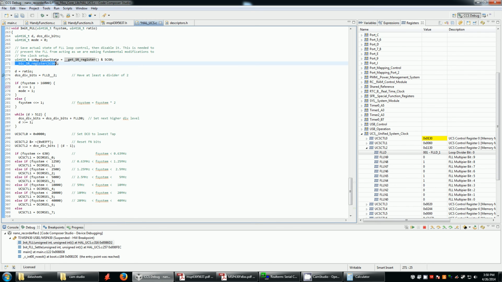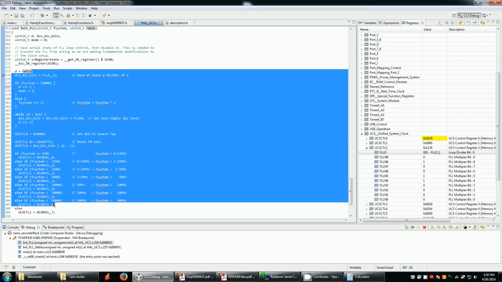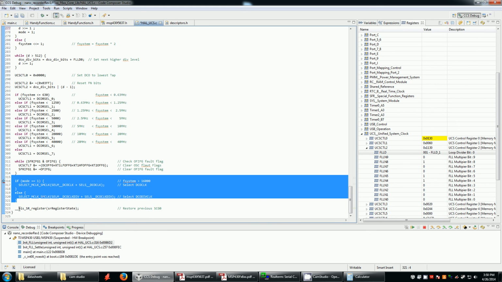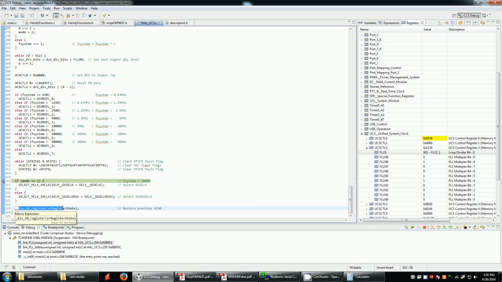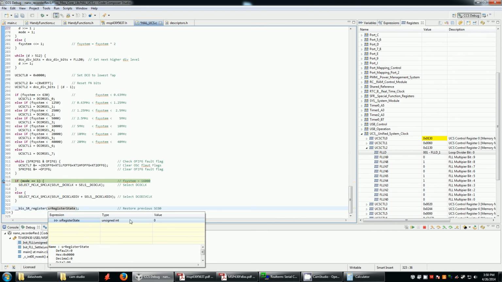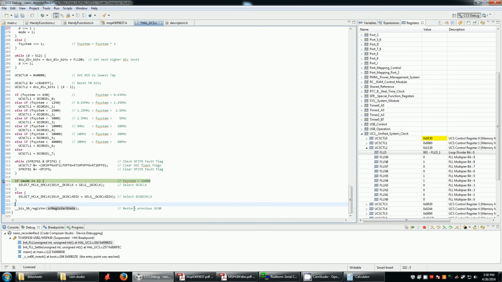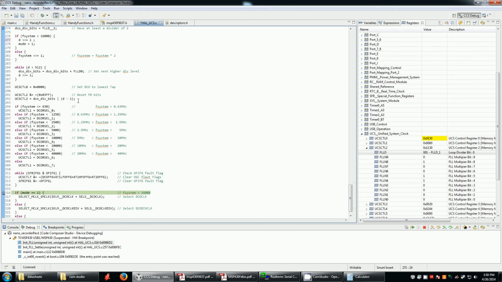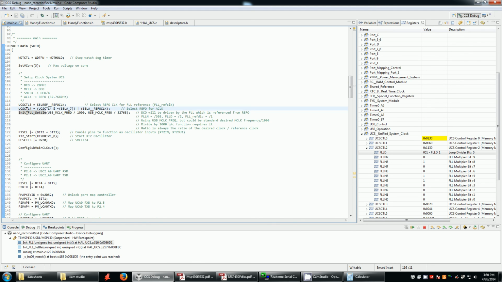It clears that bit, which shuts it down, so we can then configure the FLL and the DCO, and all that's configuration. When we're done, we restore the value of that bit. This variable just holds 1 bit. And so we restore the value of this SCG0 bit once we're done to return back to the state the system was at before we went and configured it. And so that's pretty much it.